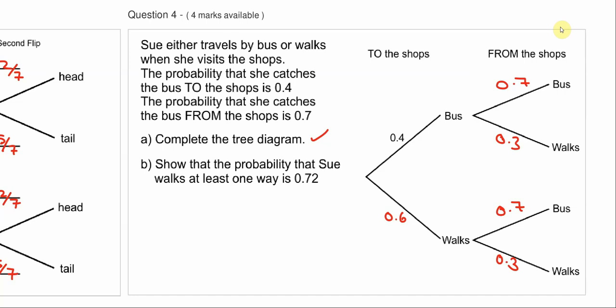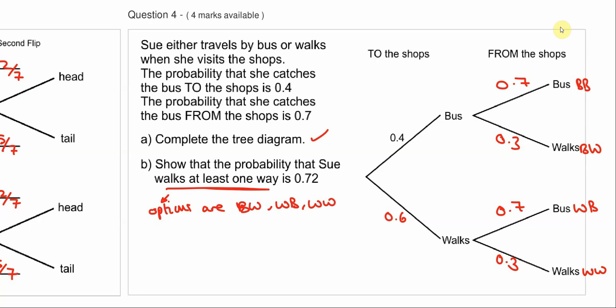Show that the probability that Sue walks at least one way is 0.72. So this is bus, bus. This is bus, walks. This is walks, bus. And this is walks, walks. So if she walks at least one way, well, my options here are bus then walks, walks then bus, and walks then walks.